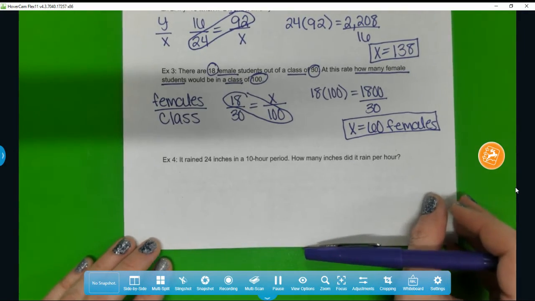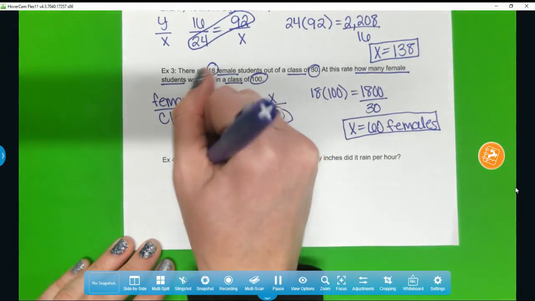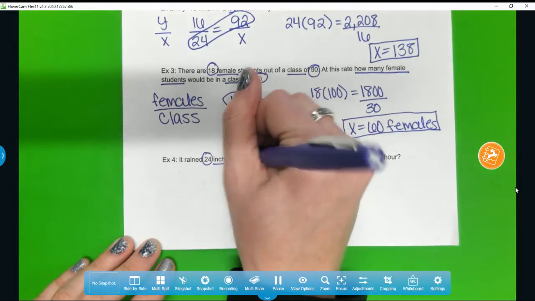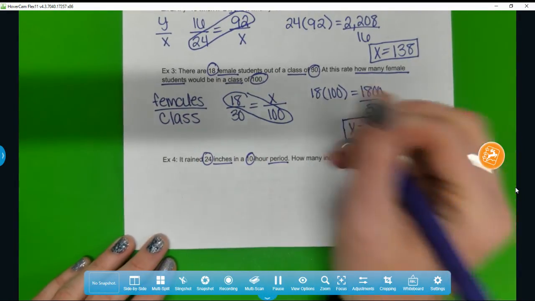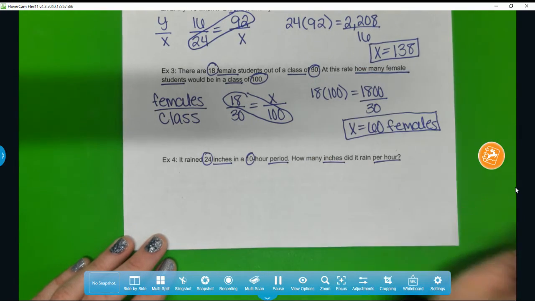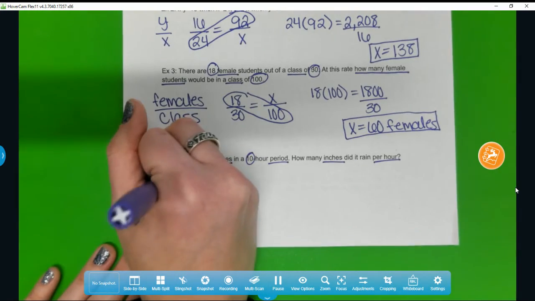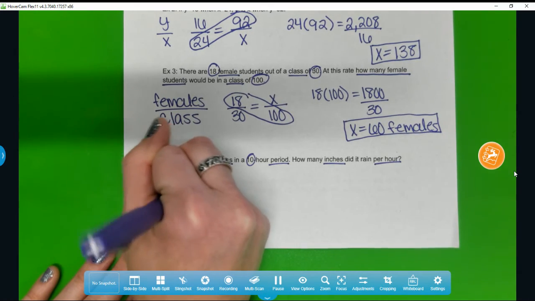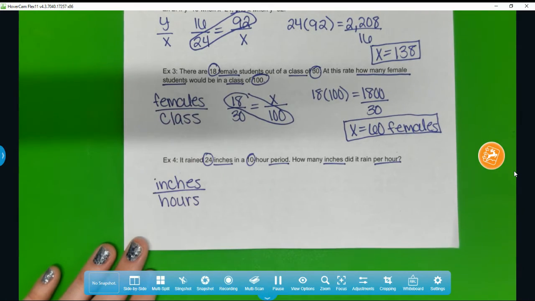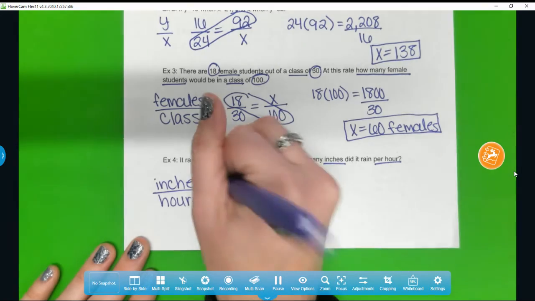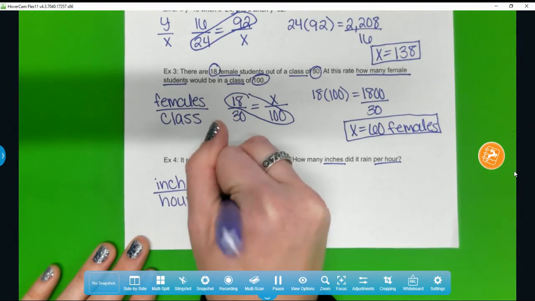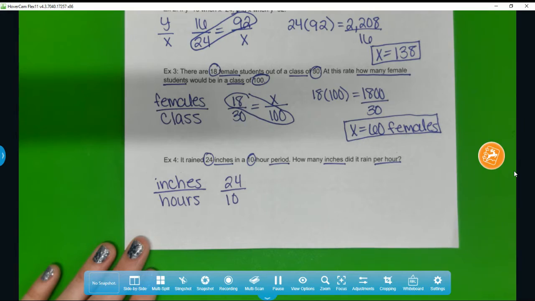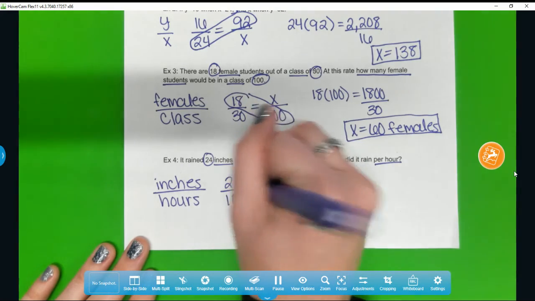Okay. It rained 24 inches in a 10-hour period. How many inches did it rain per hour? So we have inches over hours. So it rained 24 inches in 10 hours. How many inches did it rain per hour?